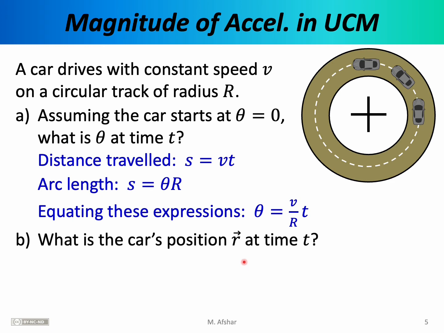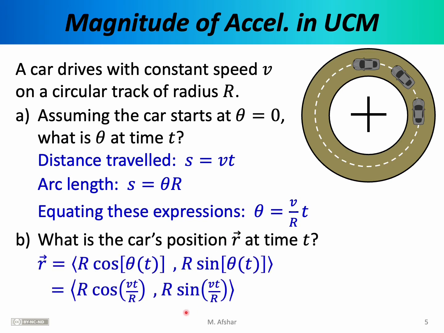You should already be familiar with calculating r in terms of theta. These two components are related to angles by sines and cosines. So we can write the x component of r as r cosine theta and its y component as r sine theta.